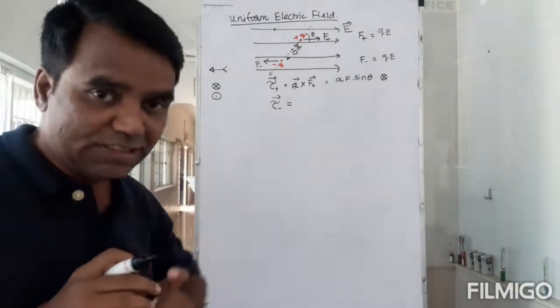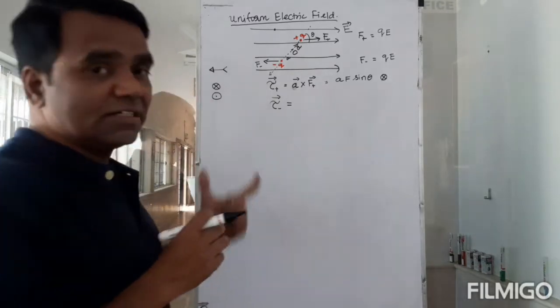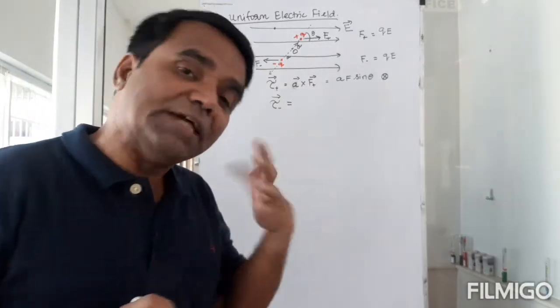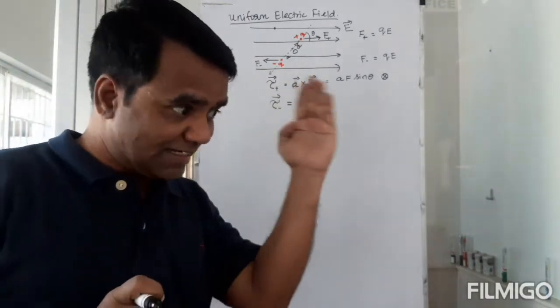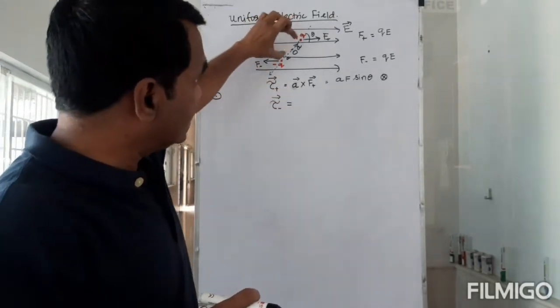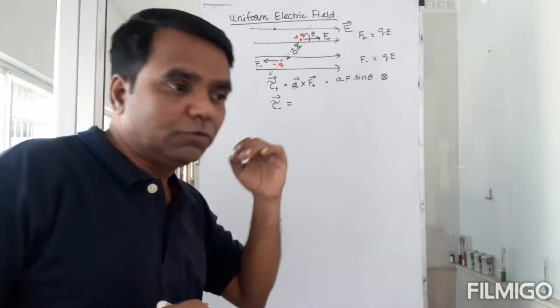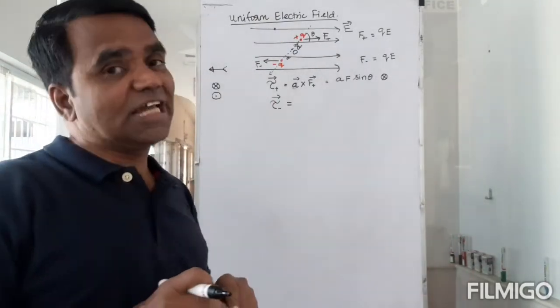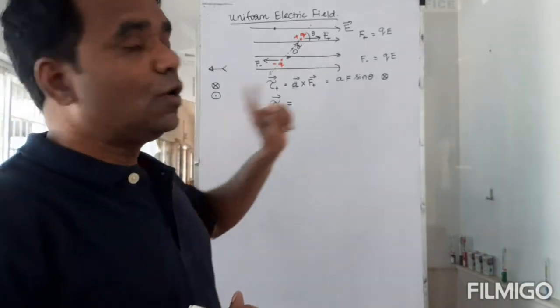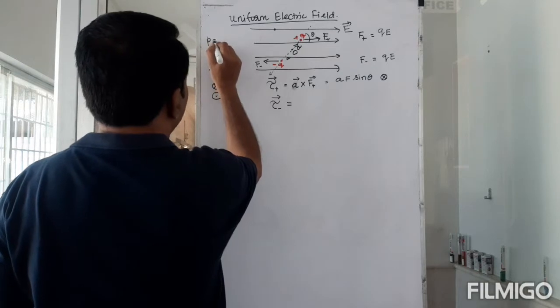I'll assign a unique direction for it. First of all, the unique direction is going to be the direction of the dipole moment. I'll take that as a reference, and I'll see which direction this is and this is with respect to the dipole moment direction. Fine. For the dipole moment P, what's the direction here?